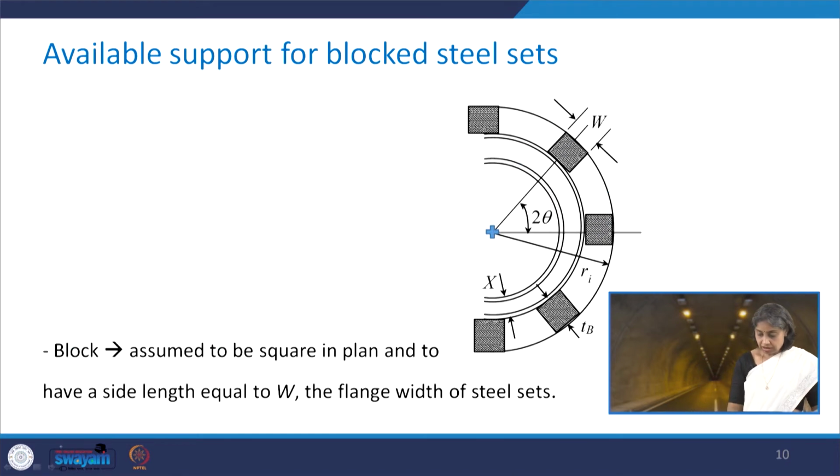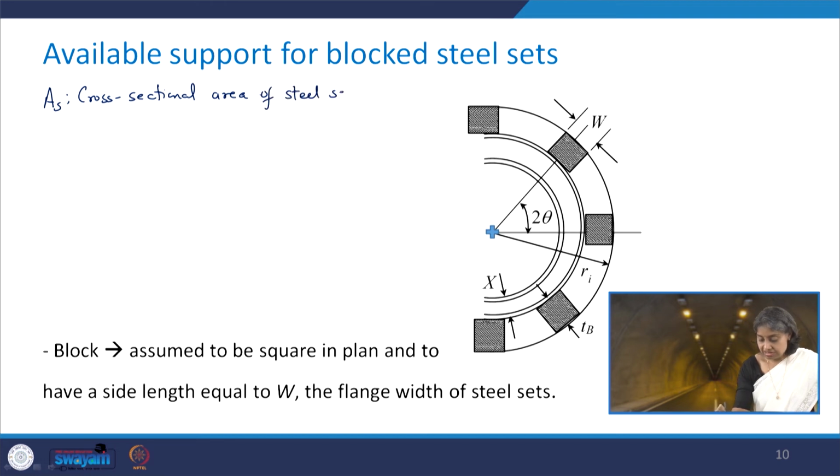Now the other parameters include AS as the cross sectional area of the steel section.